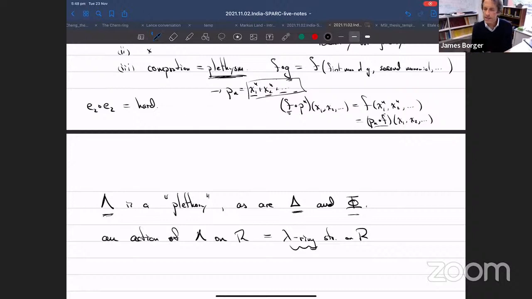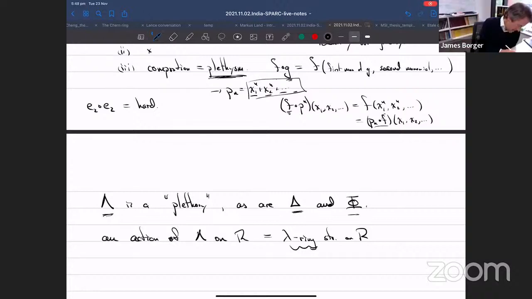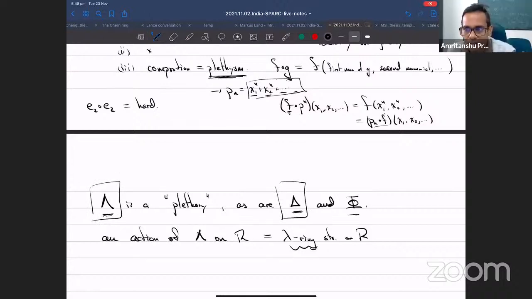Sorry to sidetrack you, but just to take this analogy a little further, what's the analog of delta in the Lambda of symmetric functions? Lambda is analogous to delta. No, but we have this operation lowercase delta.